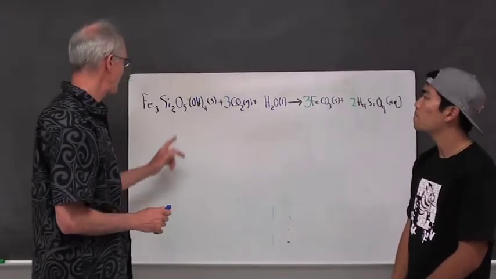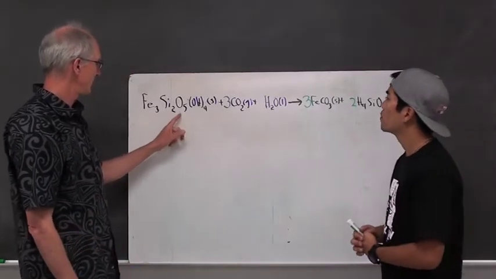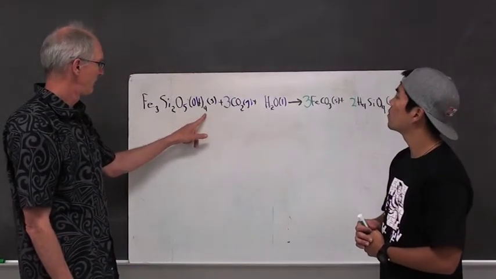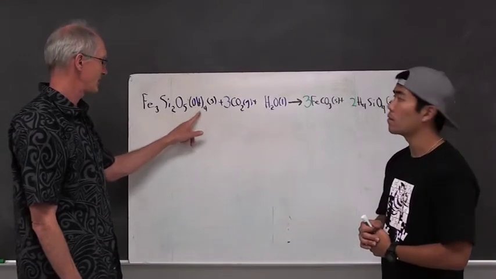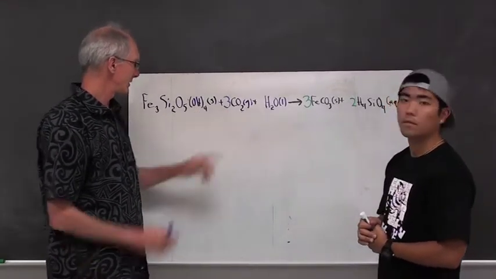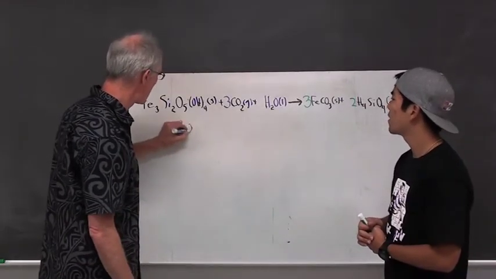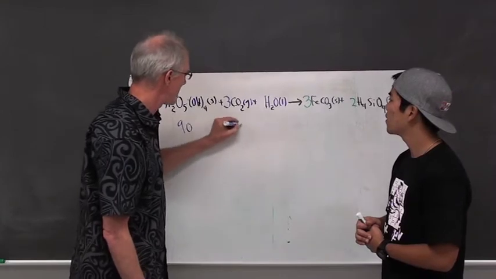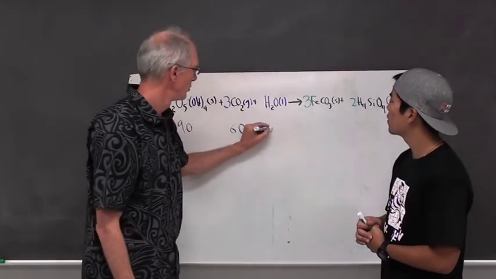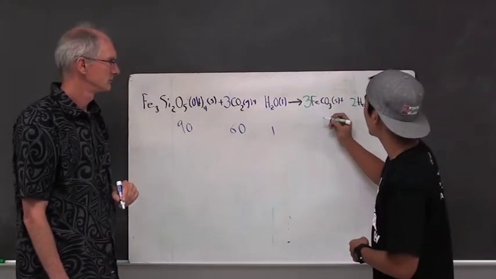So let's look at the oxygen now. How many oxygens do we have on the reactant side? I have 4 times 1 is 4, so that's 9 total there. 3 times 2 is 6, so I'm going to keep track of this. I'm losing track in my head. 9 oxygens from that, 6 oxygens from that, 1 there. And I have 9 oxygens here.